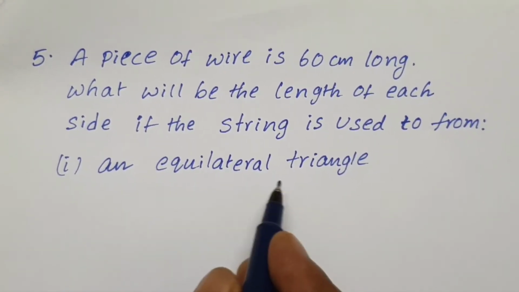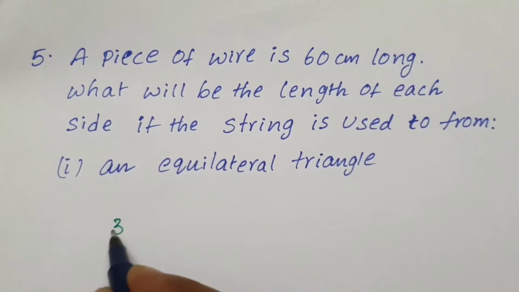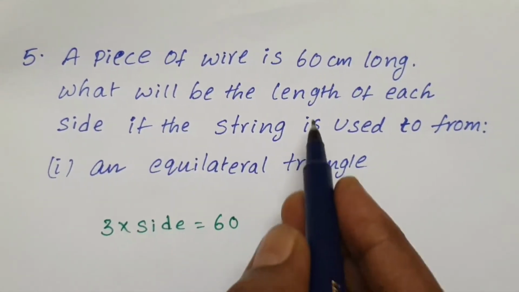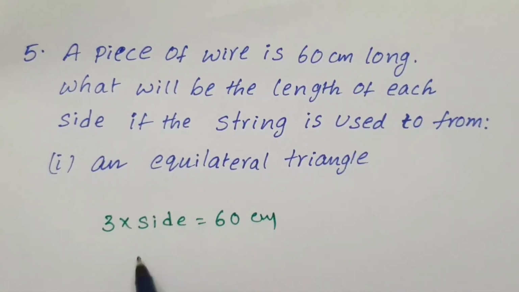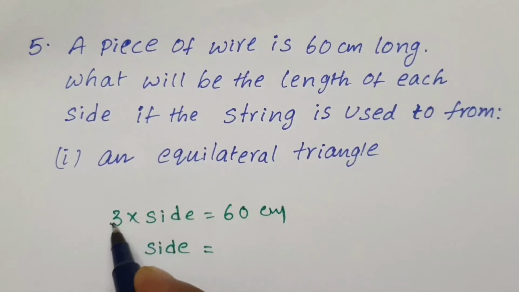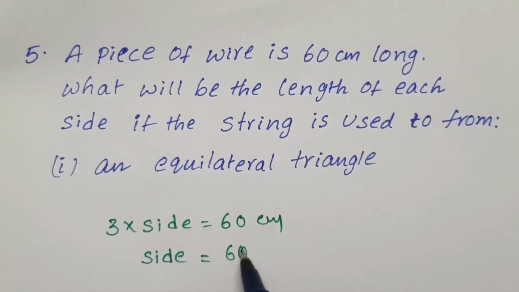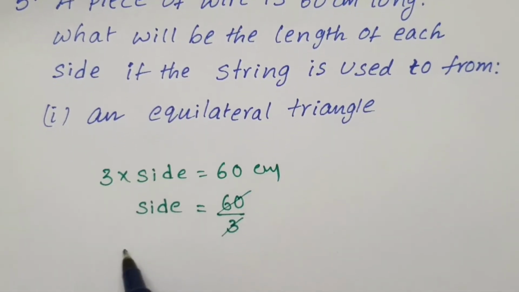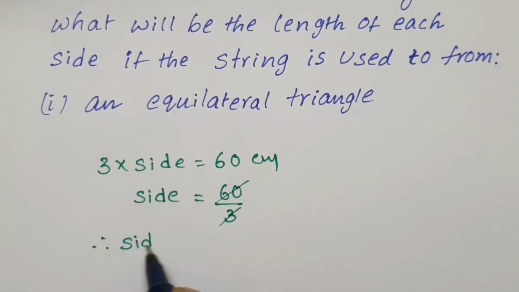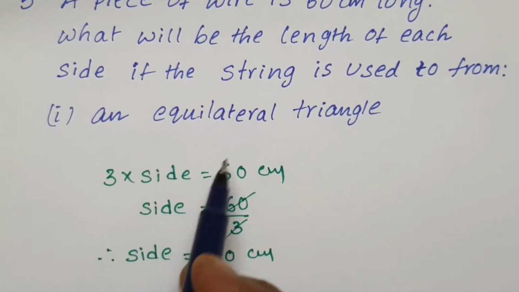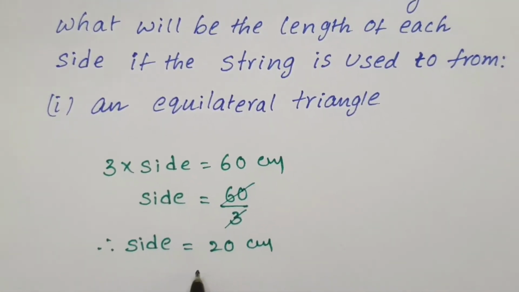Triangle having 3 sides. 3 into side equal to 60. Side equal to 60 divided by 3, which is 20. Therefore, side equal to 20. Side of the equilateral triangle is 20.